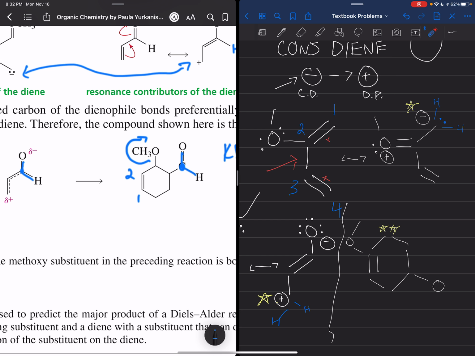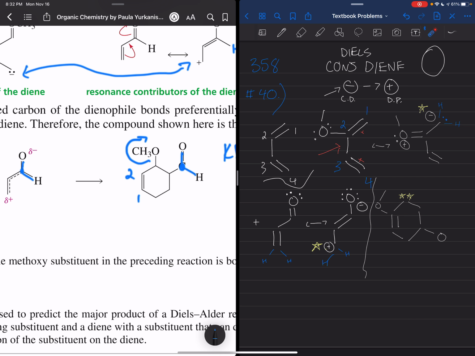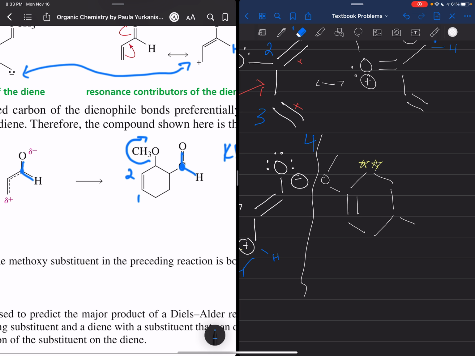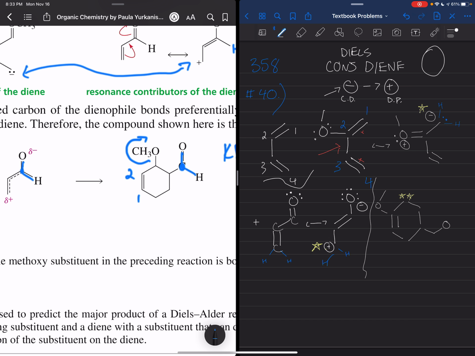I think because my original thing was an O with a C and a C and a C, 1, 2, 3, I think my answer is one carbon extra. I think it's this. That's what I think my answer is. Let's check Slater and Chegg and see how I did.